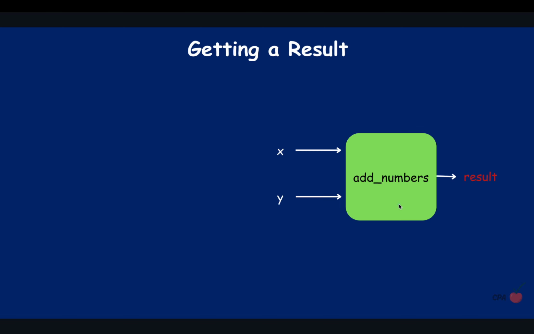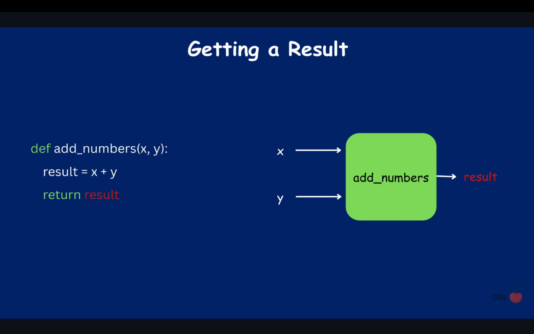In Python, when you want a function to give you back a result, you can use the return statement, as in this example. So we use a return, and this function, add numbers, will return the result, which is the addition of x plus y.